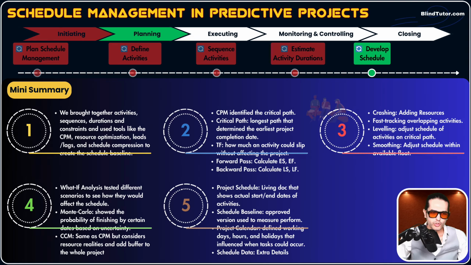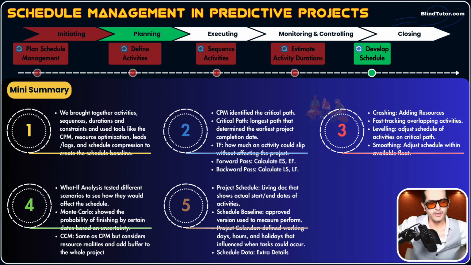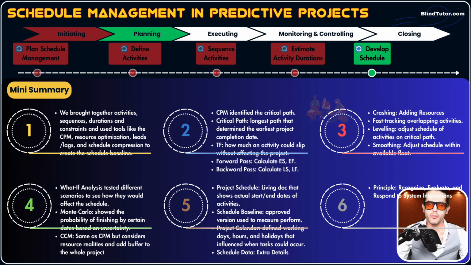Now, you as a project manager, when doing the develop schedule process, you apply one important principle. That principle is called recognize, evaluate, and respond to system interactions. Why this principle, guys? Remember, developing the schedule is all about understanding how the entire system of work fits together, okay? So activities, durations, resources, risk, dependencies, buffers, calendars, constraints, assumptions, deliverables.